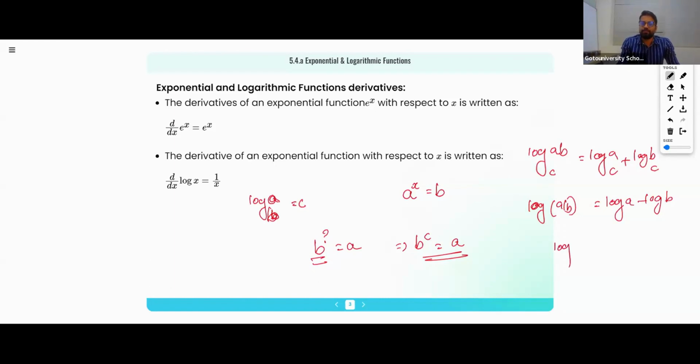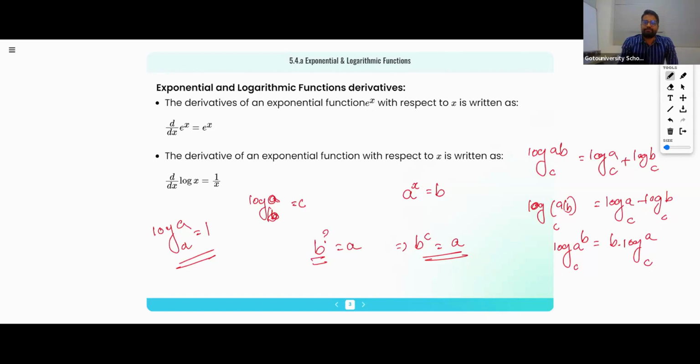One more, logarithm of a to the power of b can be written as b times logarithm of a, to whatever common base we have. If I bring the base as c, everywhere I'm going to have c. And logarithm of a number to its own base is always equal to 1. And logarithm is not defined for negative numbers. Remember that.